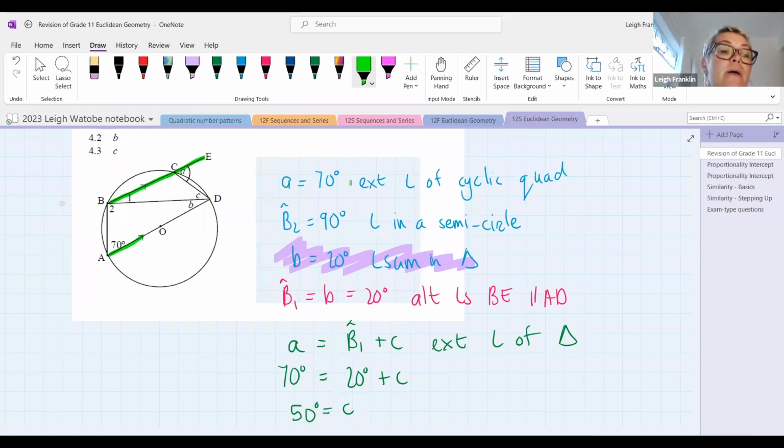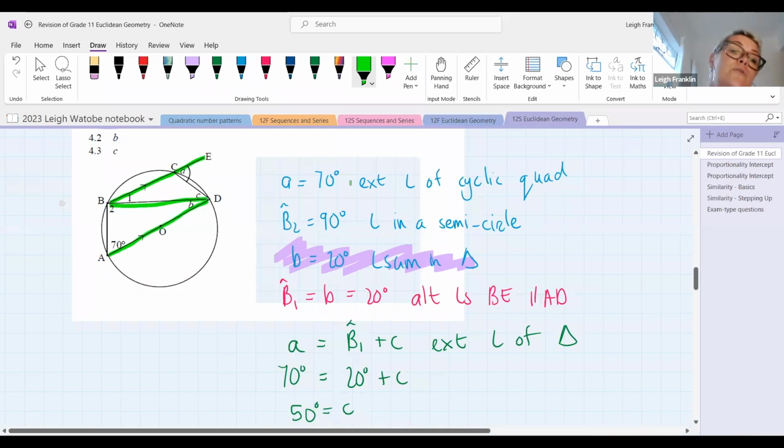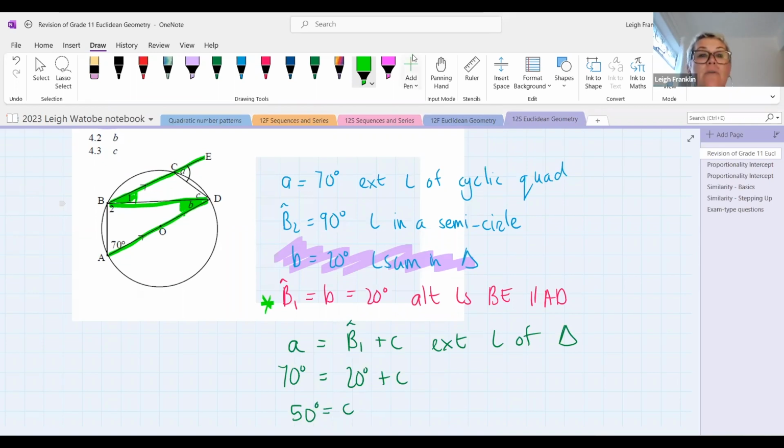There's the other parallel line. And here is this line joining those two. Okay, so this angle over here and this angle over here are alternate angles. They are equal to one another. All right, that's why I've said this over here, that B1 equals lowercase b because of alternate angles.